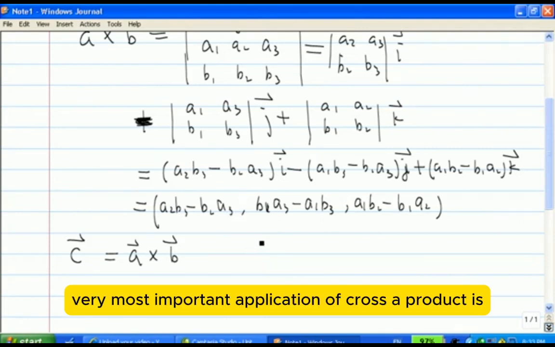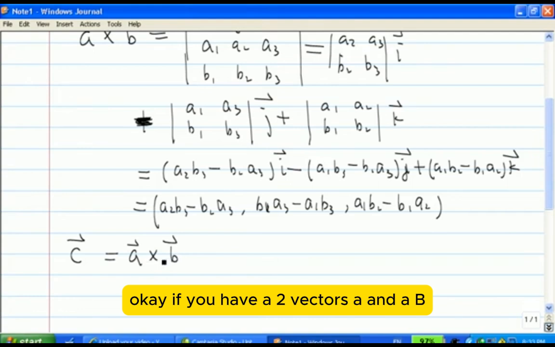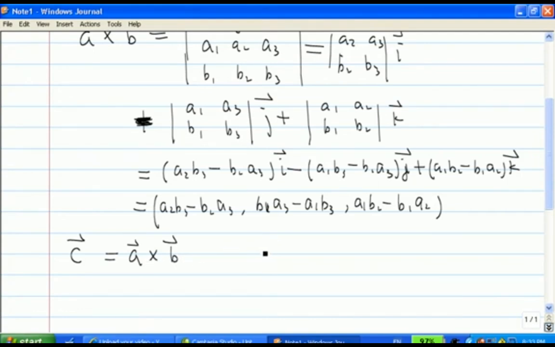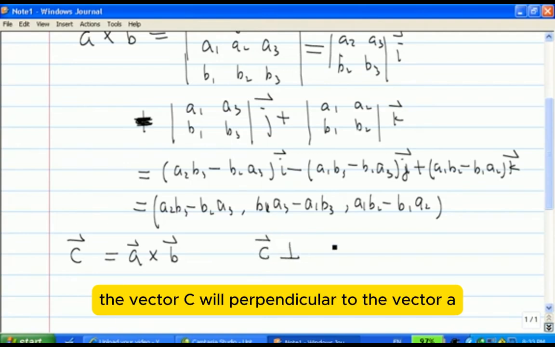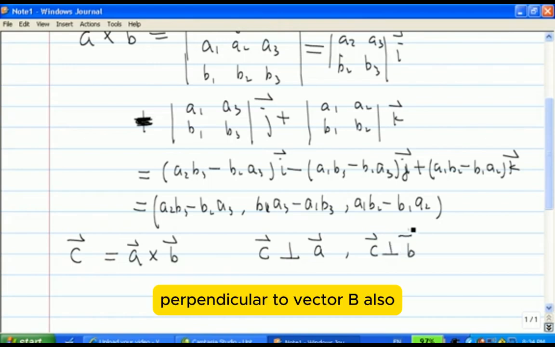The most important application of the cross product is, if you have two vectors A and B, the cross product gives you a third vector C, and this vector C will be perpendicular to the vector A, and at the same time this resulting vector will also be perpendicular to vector B.